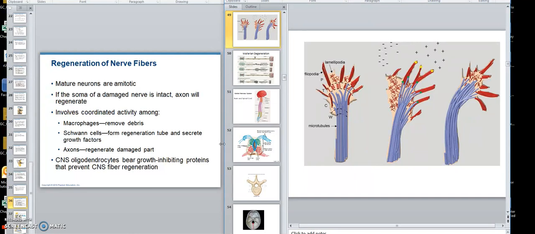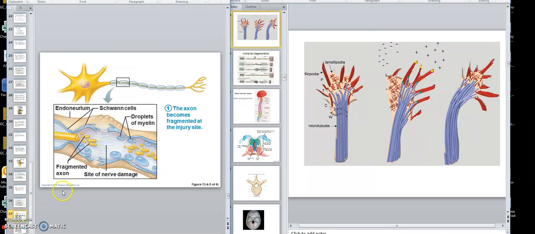You could send the signals to the wrong place. I can kind of understand why the creator didn't do much with the brain and with the spinal cord, because you could cross circuit and send things the wrong way. But on the peripheral, hey, it is what it is. All right. So anyway, this is kind of what happens.